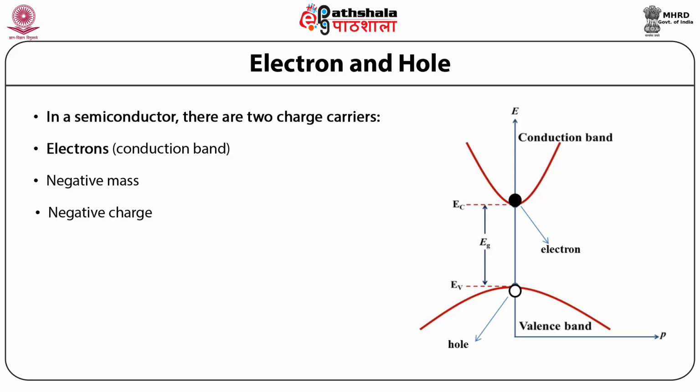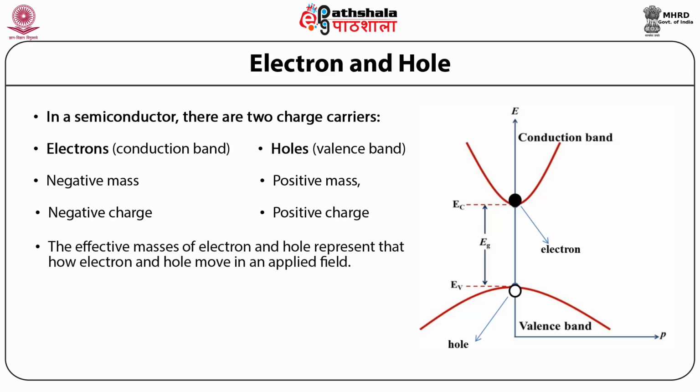Similarly, the relationship for the holes present in the valence band near the maximum energy EV is given by EV minus E is equal to P square by 2 Mh star, where Mh is the effective mass of the holes. So the effective masses of electrons and holes represent how the electron and a hole move in an applied field. It is a tensor quantity for a three-dimensional band structure.